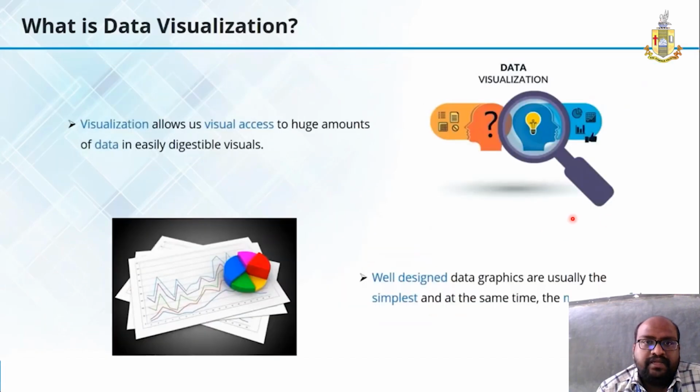Next, visualizing the data is very important, because by looking at random numbers, random data, we are not able to understand the data. But by plotting a graph, pie chart, or bar chart for that particular data, we can understand it.